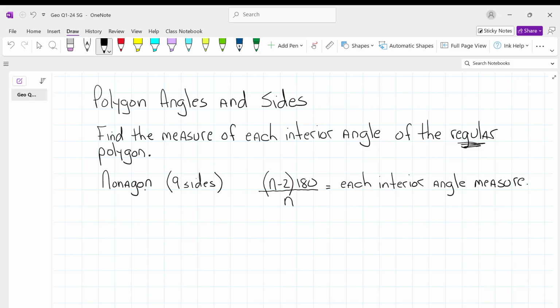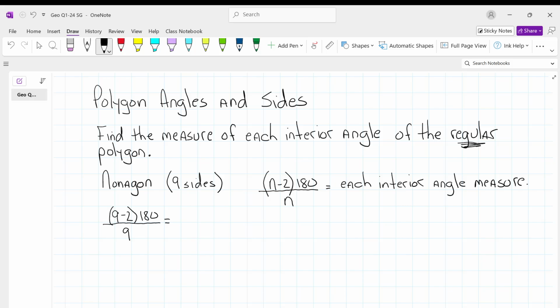So for this nonagon, we're going to take 9 minus 2. We're going to multiply it by 180. And then we're going to divide it by 9. And now it becomes a calculator problem.